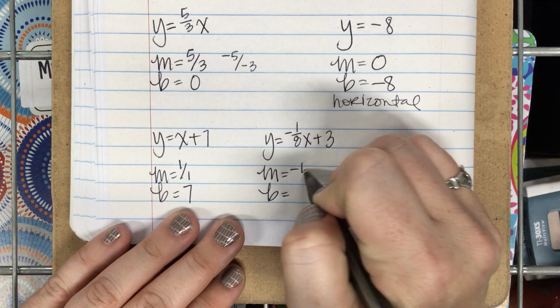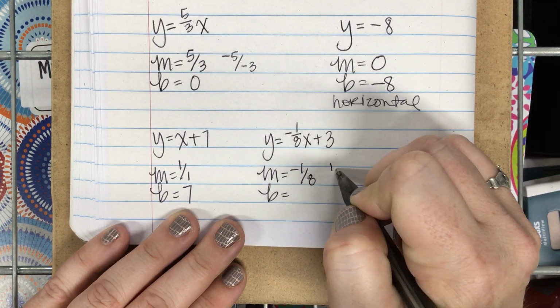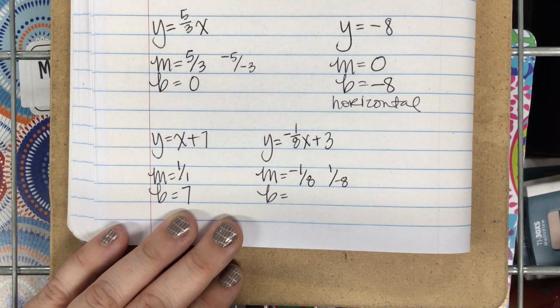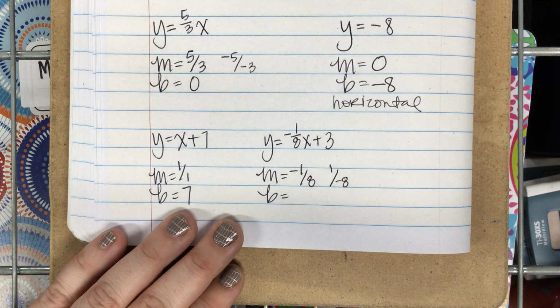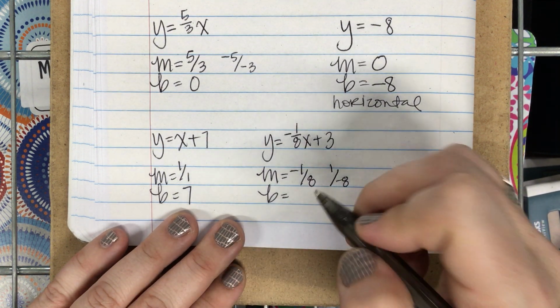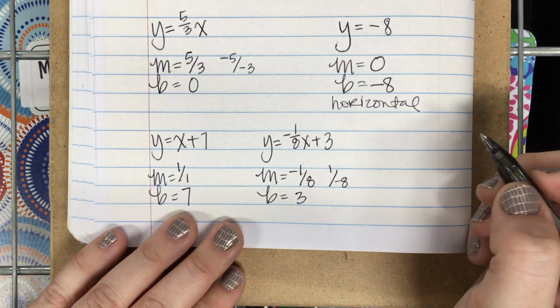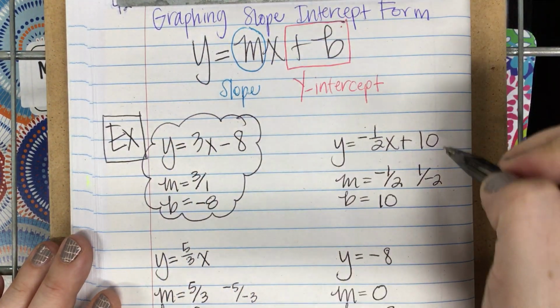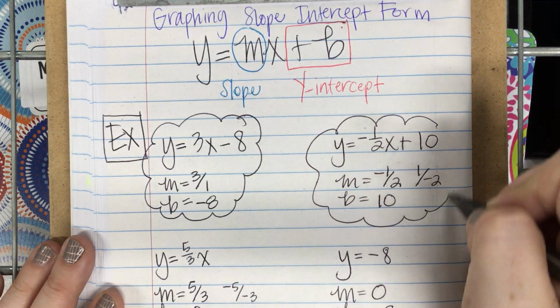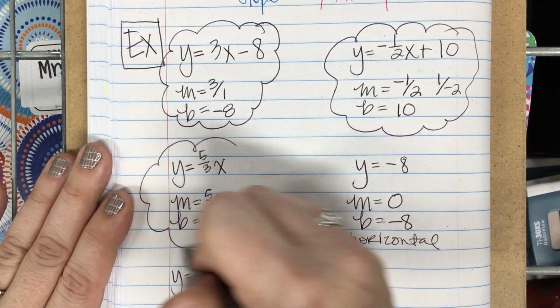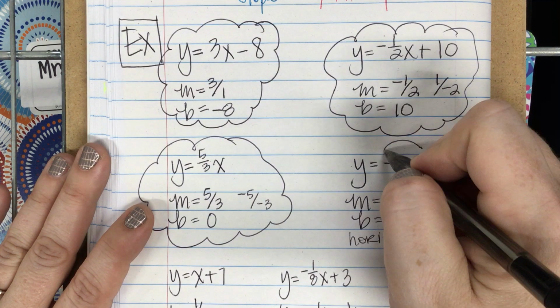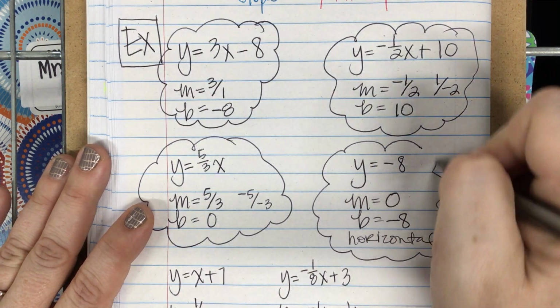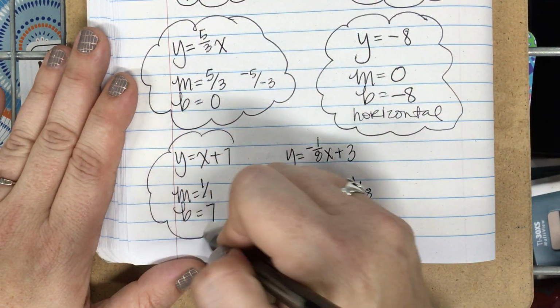Good, Ollie. -1 over 8 or 1 over -8, correct? Both are the same. And my intercept is 3. All right, so we have 1 example. We have 2. We have 3. We have 4. We have 5.